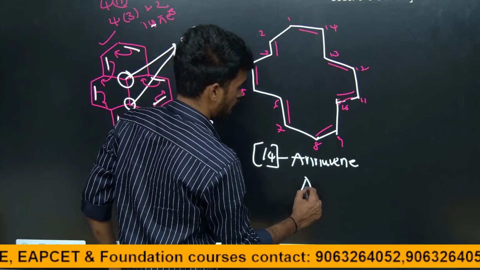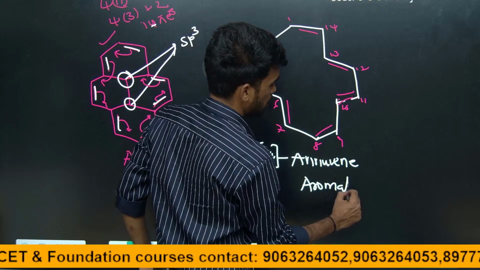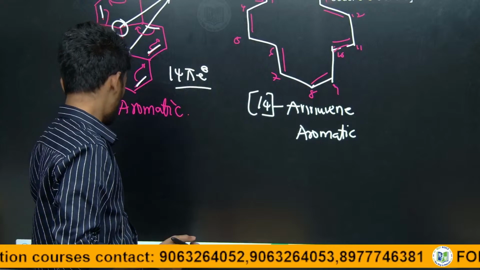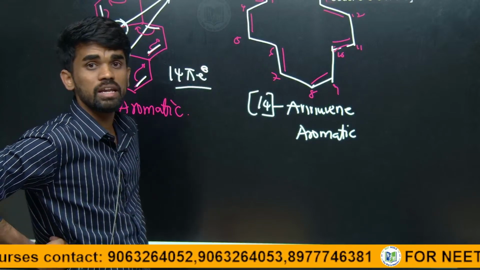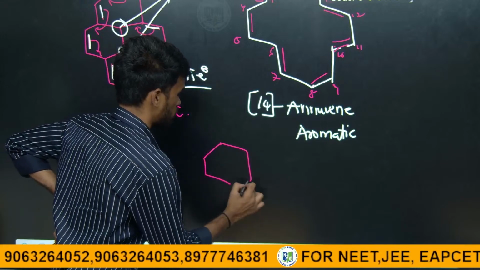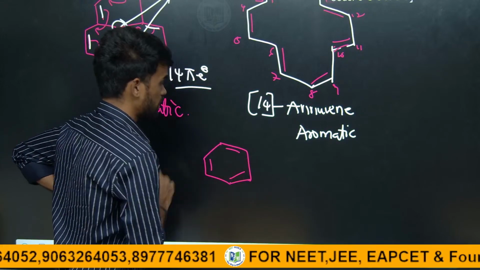When we have 14 pi-electrons, that will be aromatic. Even benzene can be said in the form of annulenes. Now tell me, how can we name benzene in annulene form? Benzene has 6 carbons.